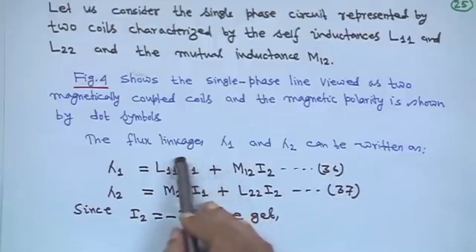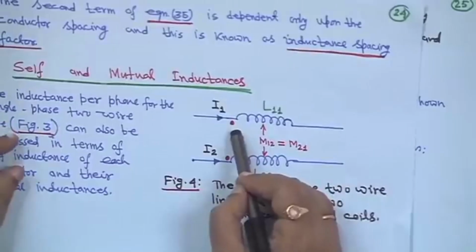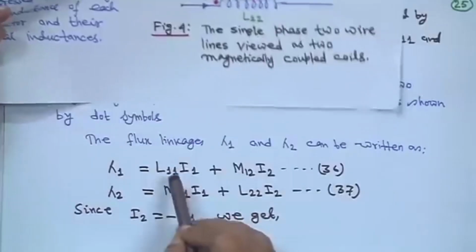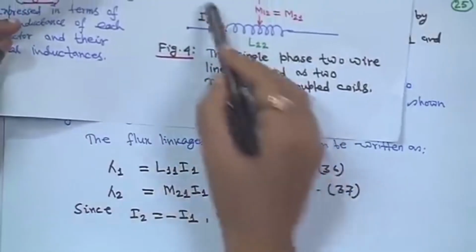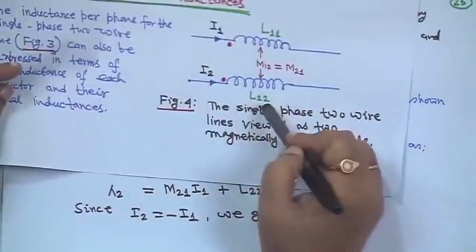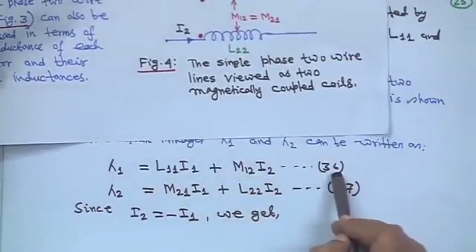The flux linkages lambda 1 and lambda 2 can be written, taking current entering the dots as positive. Lambda 1 is equal to L11 I1 plus M12 I2, where M12 I2 is due to the current I2. This is equation 36.